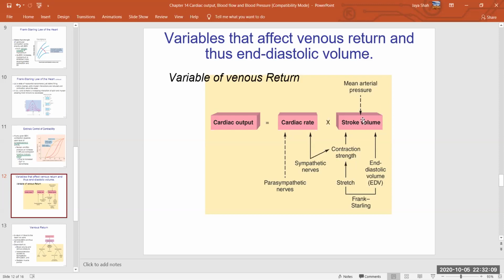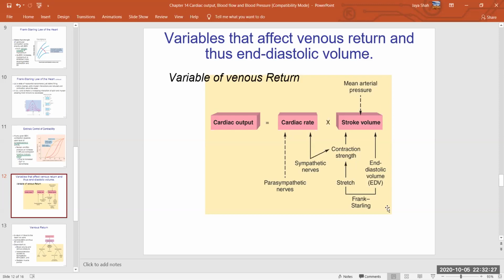Stroke volume is affected by mean arterial pressure. So if you have a higher mean arterial pressure, higher blood pressure, that means your stroke volume will be reduced. It inversely affects the stroke volume.